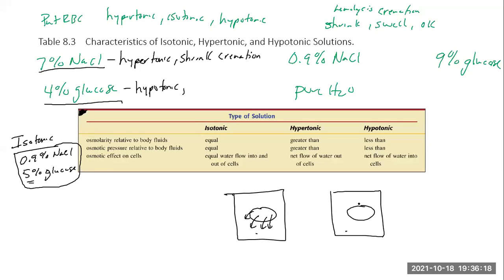So again, osmosis means water wants to go from a lower concentration to a higher concentration, which means we will get everybody from outside the cell to flow into it. As it's flowing in, that should make the cell start to swell, which is the process known as hemolysis. Again, not a good situation. Any questions on that one?